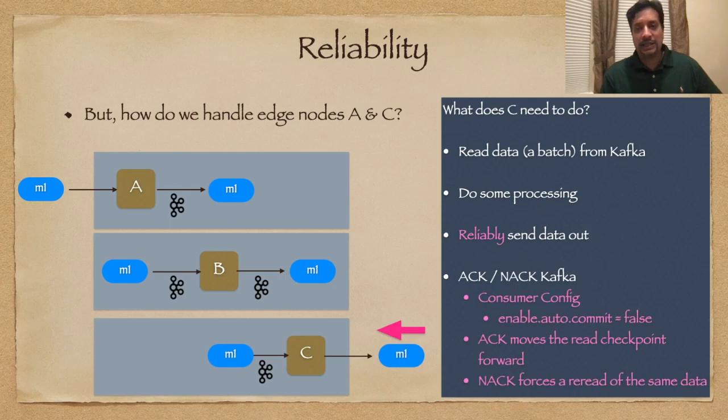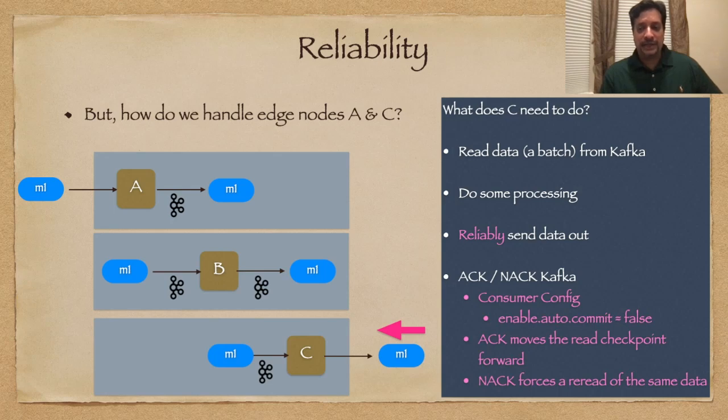How about C? What does C need to do to be reliable? Well, it needs to read data, typically a batch, from Kafka, do some processing on it, and then reliably send data out. In this case, reliably means that it will need to wait for a 200 OK response code from some external service.